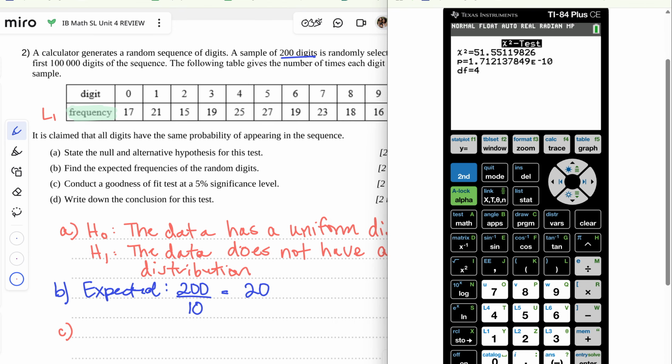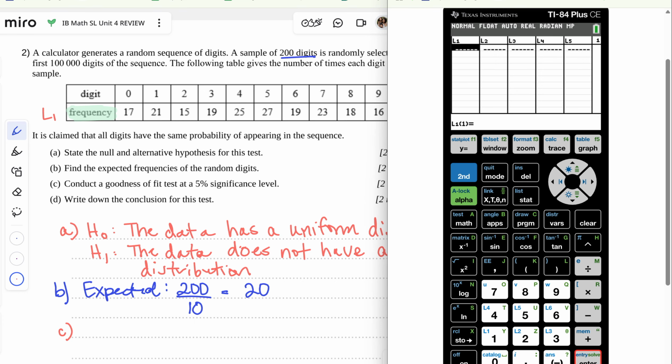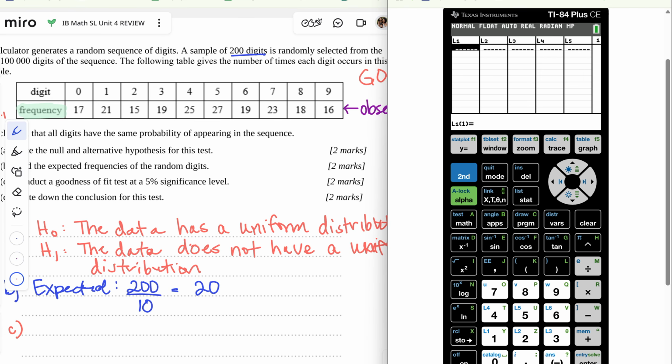Okay. We are going to go to our list. We're going to edit our list, and we're going to enter our frequency. So this is 17, 21, 15, 19, 25, 27, 19, 23, 18, and our last number is 16.